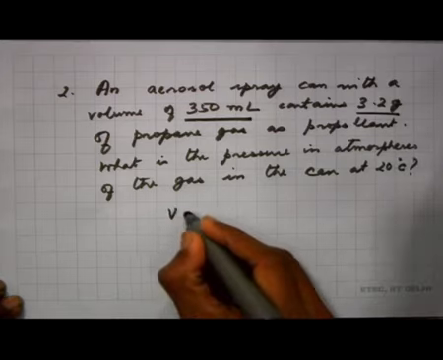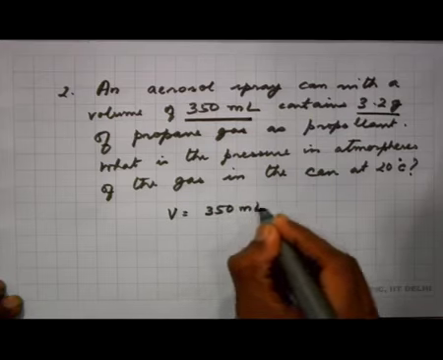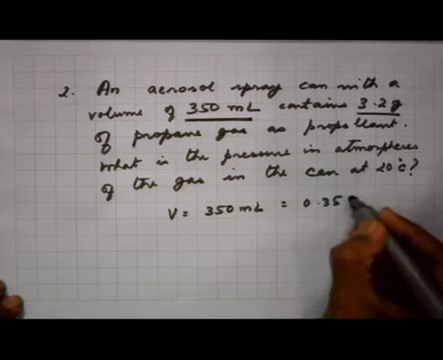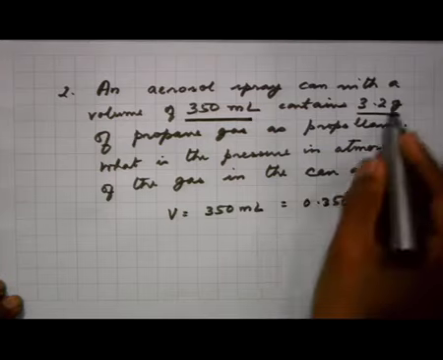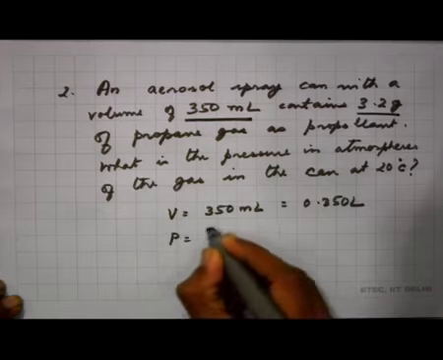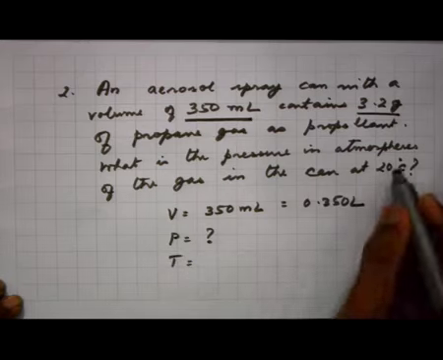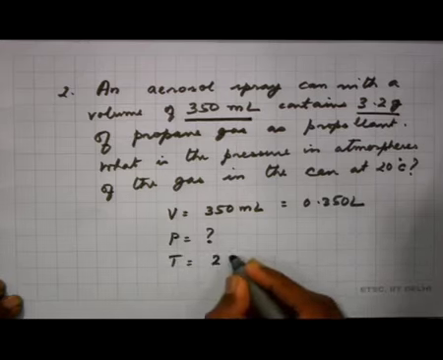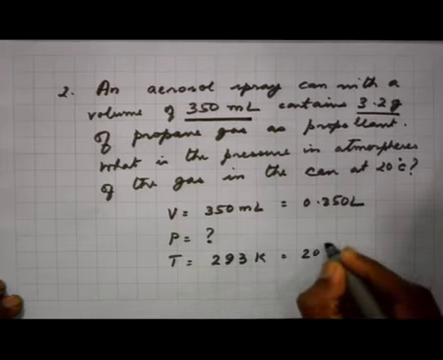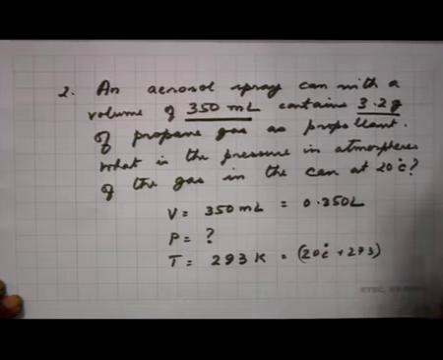So, we know V is 350 milliliters. For convenience, we will write it in liters. When we are asked to compute the pressure, the temperature is 293 Kelvin, which is 20 Celsius plus 273, right? That is what we have got.